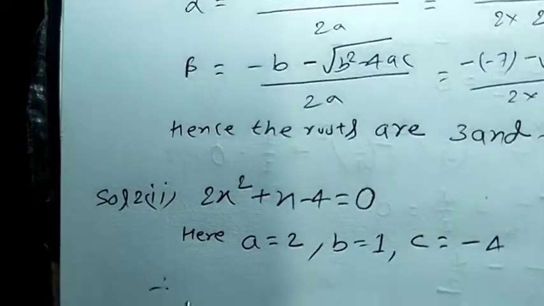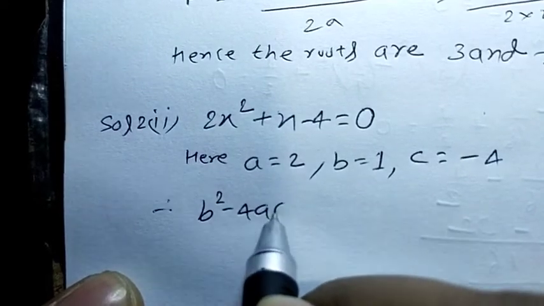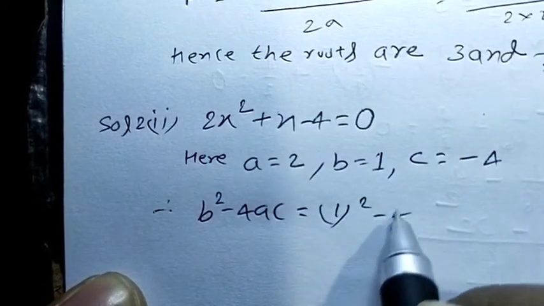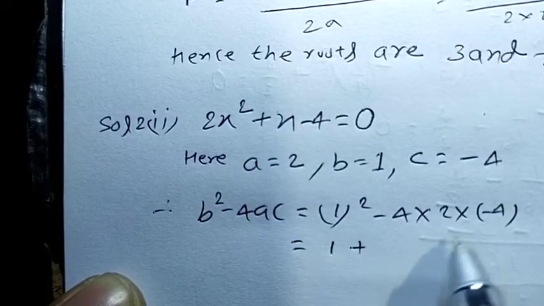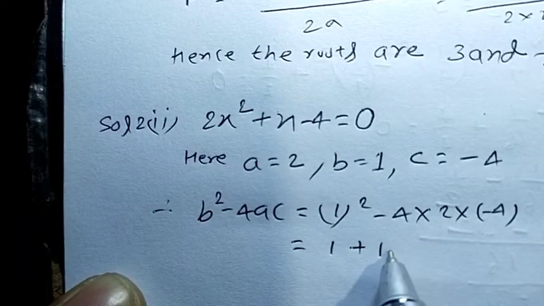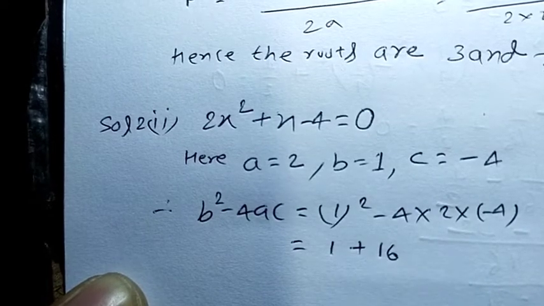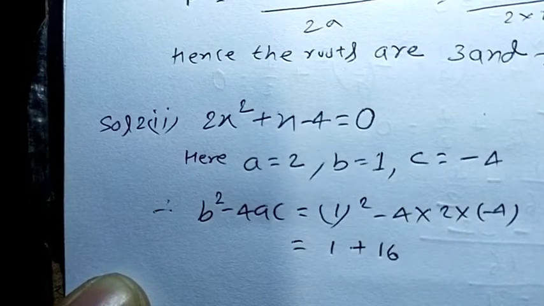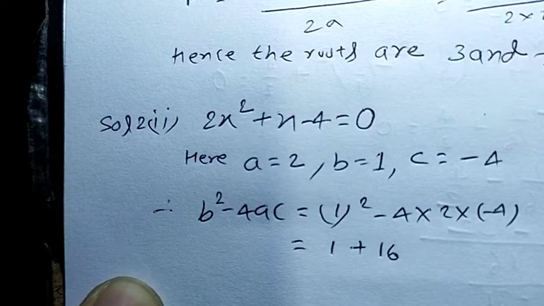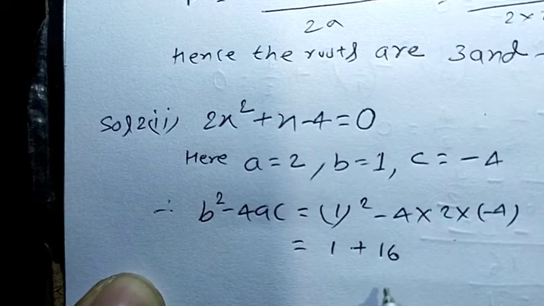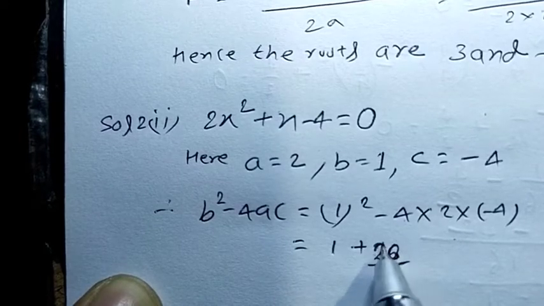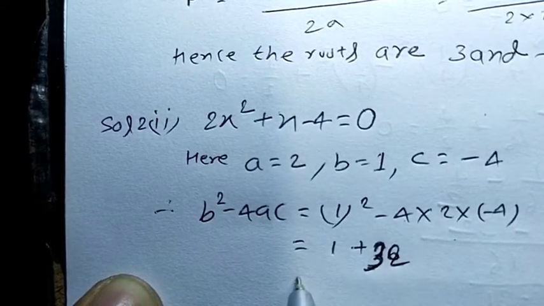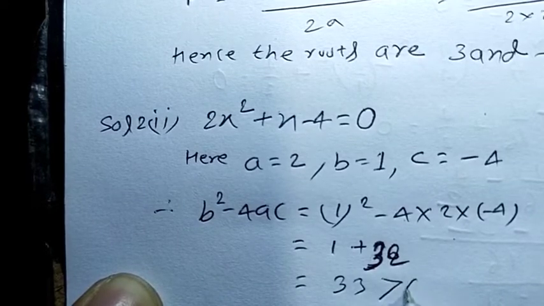Therefore b square minus 4ac is equal to 1 square minus 4 into 2 into minus 4, is equal to 1 plus 4 into 8, that is 32. So 32 plus 1, 33, that is greater than 0.